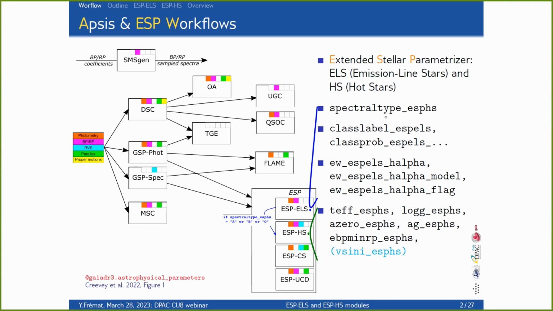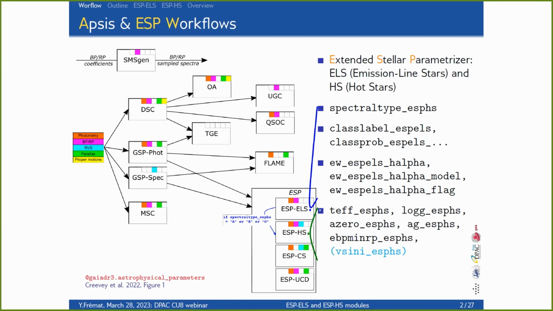The main reason for providing a spectral type tag is that it is used, for example, by the hot star module. It also provides a class label for the detected emission line stars, as well as a measurement of the H alpha line for most of the input targets, including cool and hot stars, with or without emission.